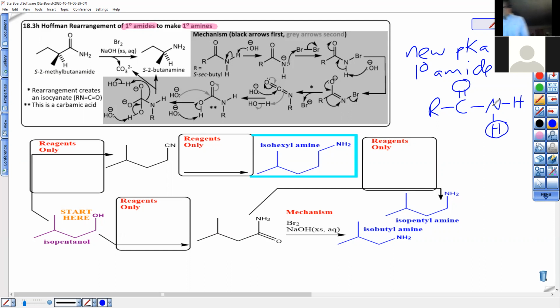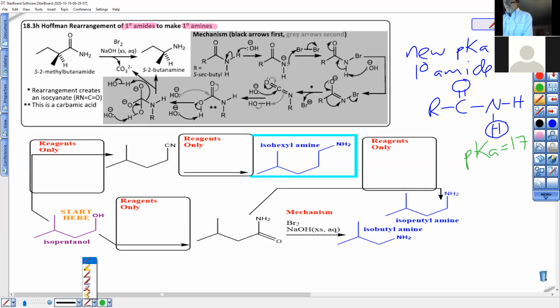Remember, if this was an aldehyde or a ketone, this would be a carbon, pKa 20. So what would be a reasonable guess with an inductive effect that makes it easier to make an N minus than a C minus? If you go down to pKa 10, you've gone a little too far. 17 is closer to the actual number.